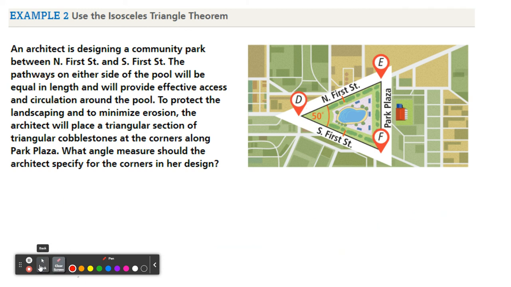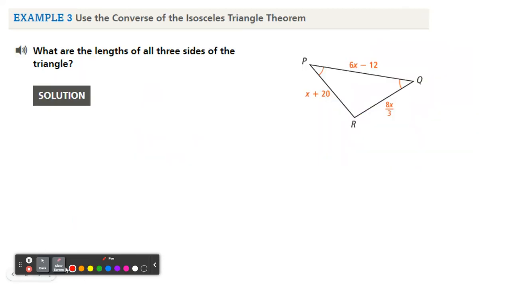Okay, next one here. It says, what are the lengths of all three sides of this triangle? So in this picture, you see that angles P and Q are congruent. That means that this triangle has two congruent angles. These are the base angles. So in this picture, the base angles are congruent.